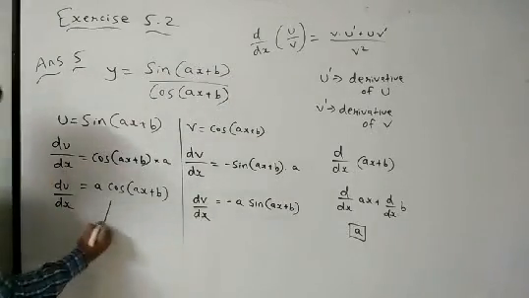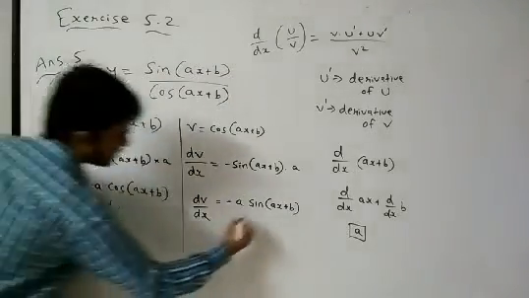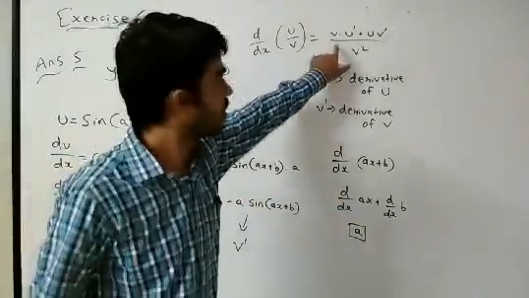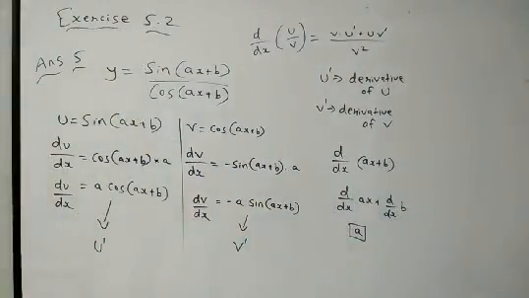This is nothing but u dash, this is nothing but v dash. Clear? So that is our v dash and u dash we have got, right?